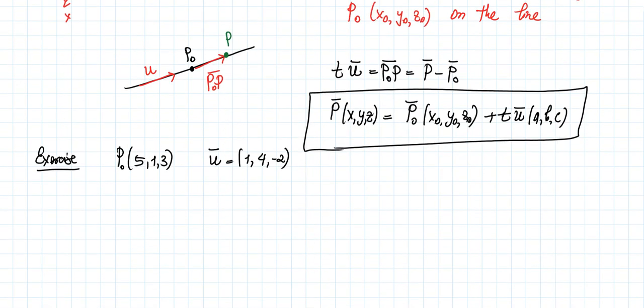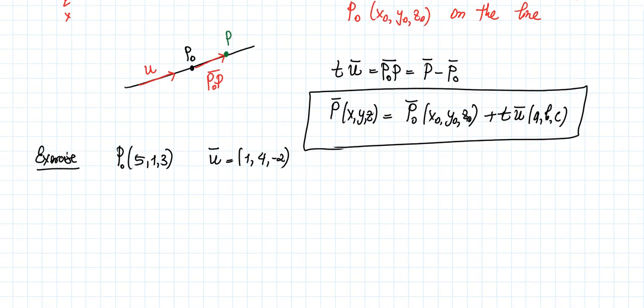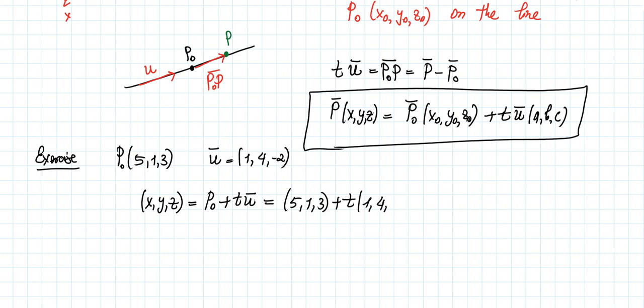Okay? P0. So in order to construct the equation of the line, we're going to write this. The x, y, and z components of the points on this line are going to be equal to P0, right, plus T multiplied by U. This is going to be equal to 5, 1, and 3, plus T multiplied by 1, 4, and minus 2.